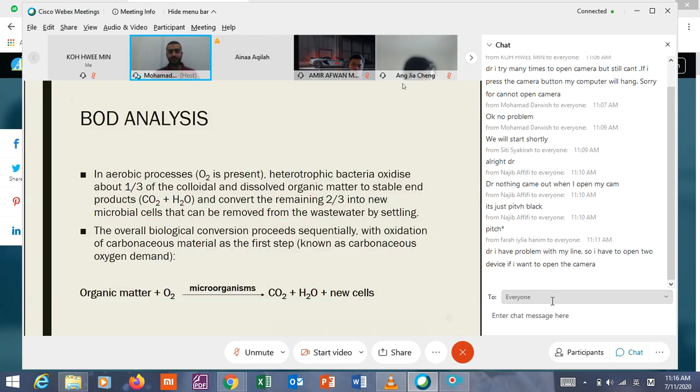Now, what happens in the BOD analysis? We agree that there are two types of bacteria. One type is called heterotrophic, and the second type is called autotrophic.